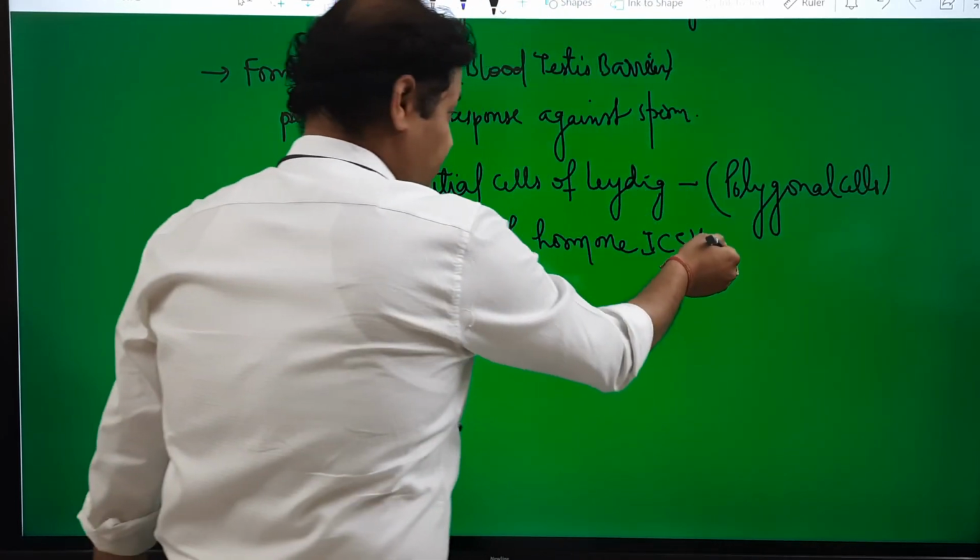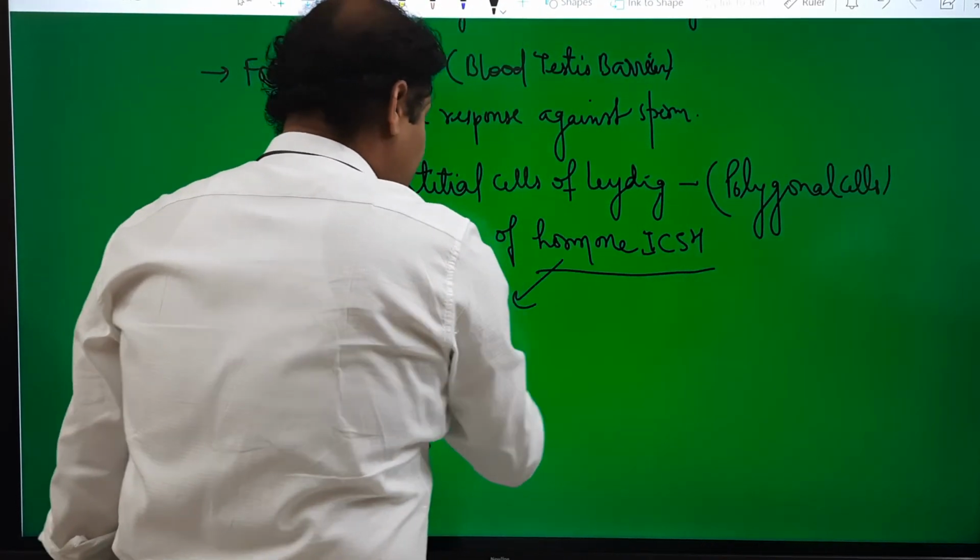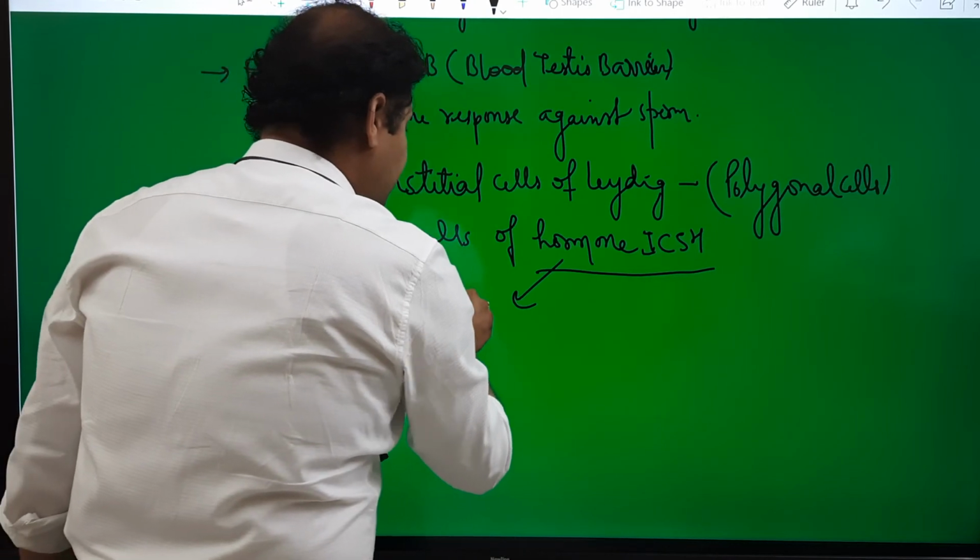Under stimulation of ICSH, they secrete androgens.